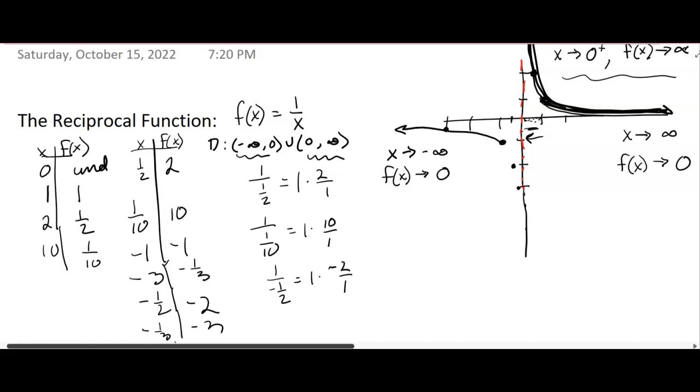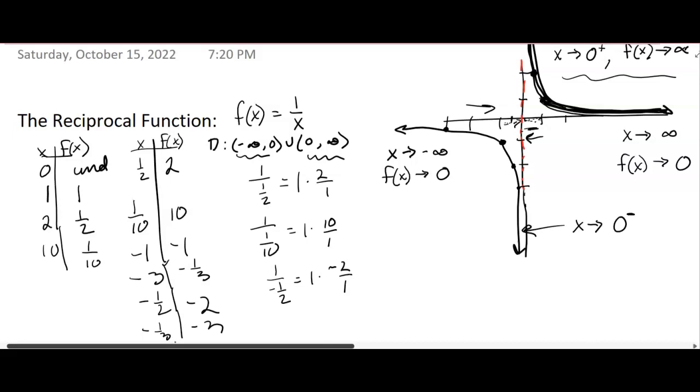So as I'm getting closer to 0 going this way, so as my x value is getting closer and closer to 0 that way, my numbers are getting really small. They're going toward -infinity. So for this part of the curve, we would say as x approaches 0 from the left-hand side, that superscript is like a little minus sign.